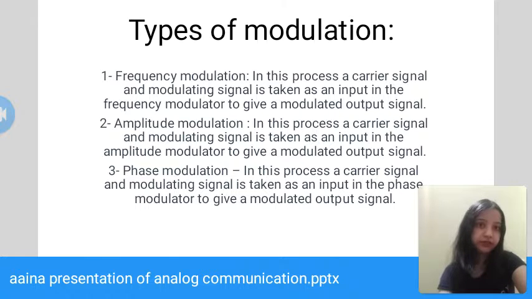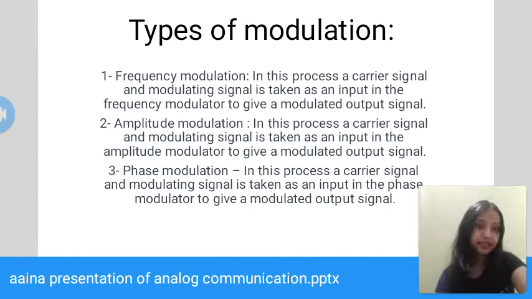Here we have the types of modulation. Number 1, frequency modulation. In this process, a carrier signal and modulating signal are taken as input in the frequency modulator to give a modulated output signal. Number 2, amplitude modulation.